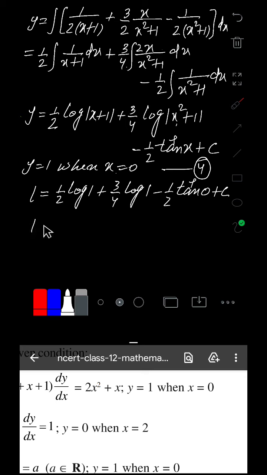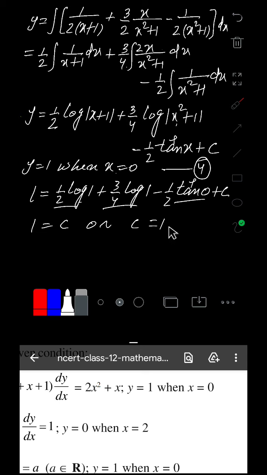Now 1 is equal to, obviously, log 1 is equal to 0, so these two terms become 0, and tan inverse 0 is also 0, so all these three terms become 0. So 0 plus 0 minus 0, only plus c is left, so we get 1 is equal to c, or c is equal to 1 ultimately.